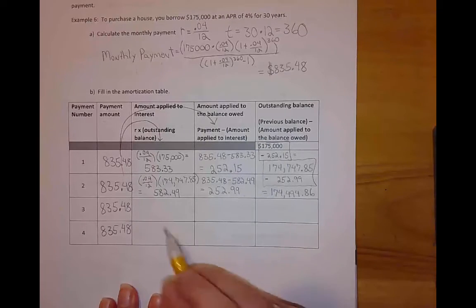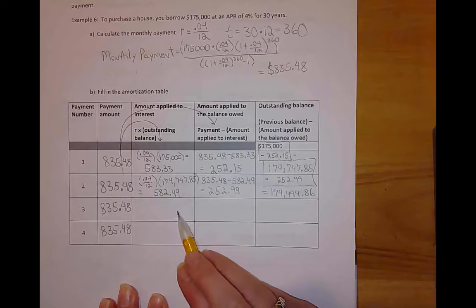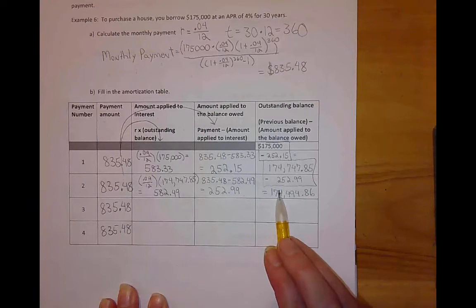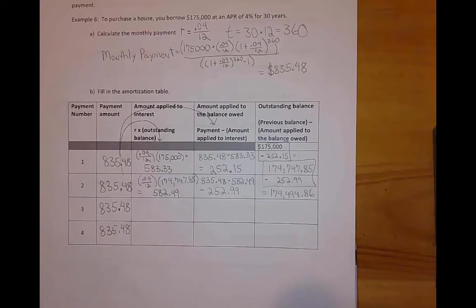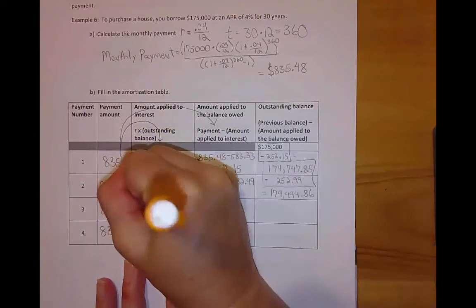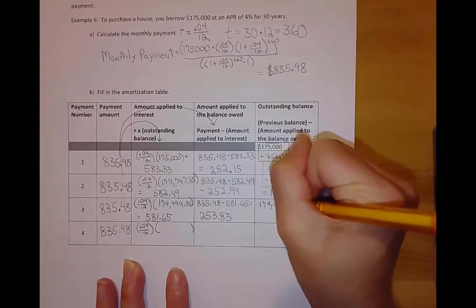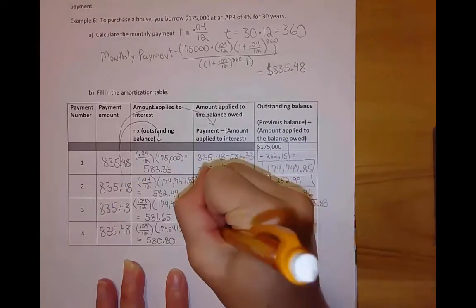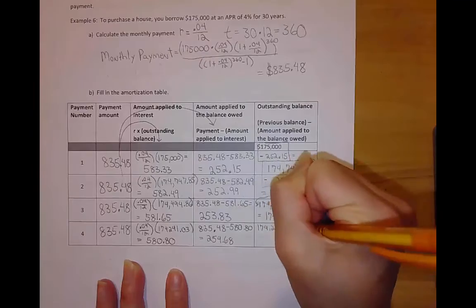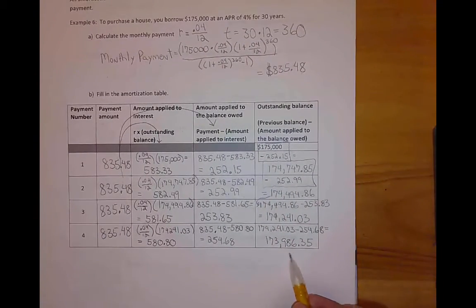Can you go ahead and do the next two rows without me? Why don't you go ahead and try, pause the video. I'll complete these on my own, and then I'll share my answers with you so you can check them. All right, here is my completed chart.